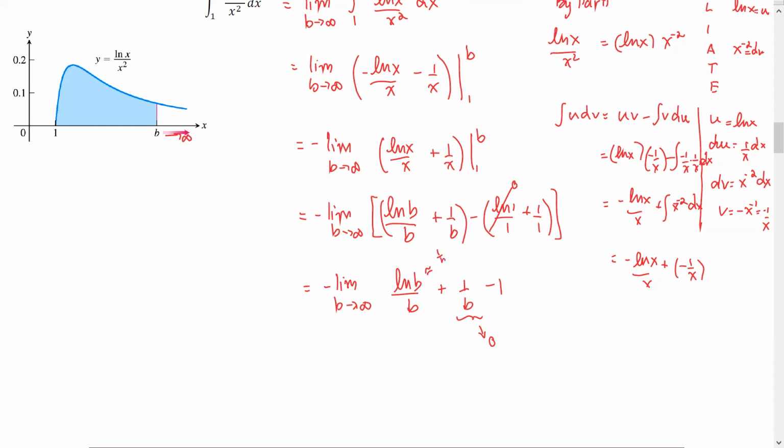We have 1 over b for the numerator, 1 for the denominator, so we are going to find the limit of 1 over b as b approaches infinity. This term approaches 0. Therefore, the limit value of this is negative sign of negative 1, which is positive 1, which is a real number. So the limit does exist, and we can say the improper integral converges.